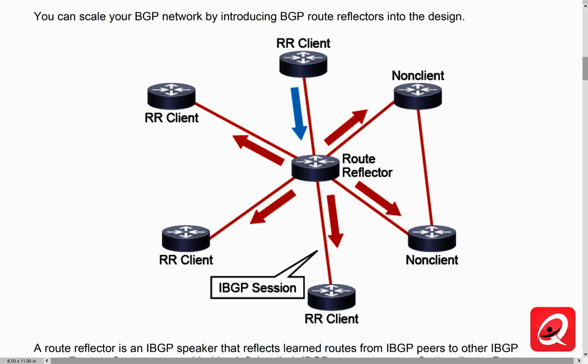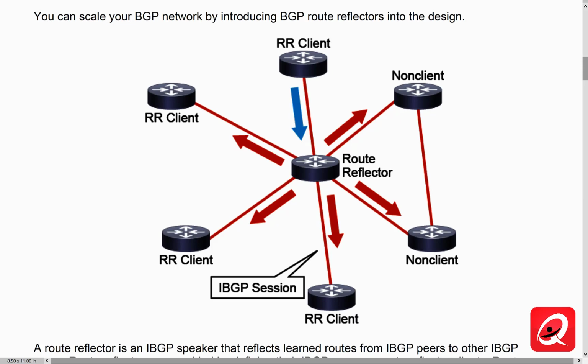Route reflectors get enabled by defining iBGP peers as route reflector clients. The clients actually don't really need any additional configuration. And obviously in this case, the number of BGP sessions drops significantly because the route reflector is the BGP speaker that reflects or re-advertises routes that are learned from other iBGP peers to some of the other iBGP peers in the domain.